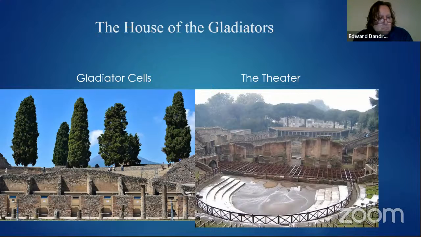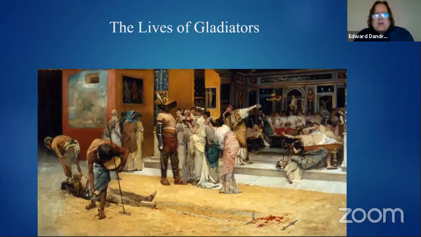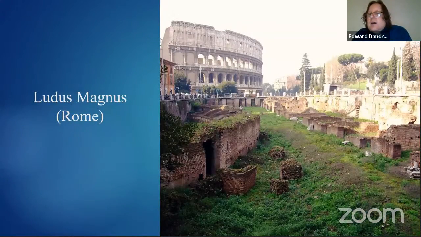Now, one of the interesting things about the site at Pompeii is that it is one of 3 surviving schools that we know of. There are probably 100 plus gladiatorial schools throughout the Mediterranean. One survives in Rome near the Colosseum.